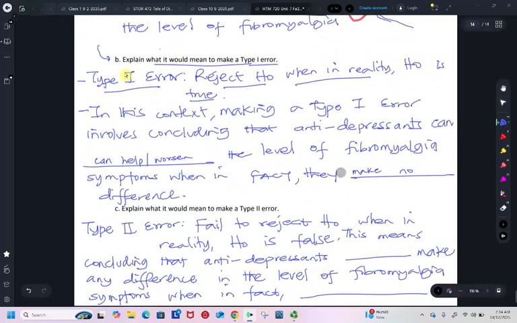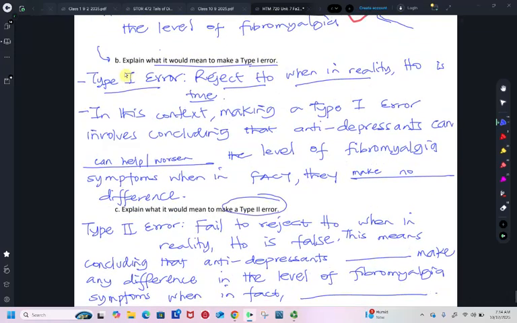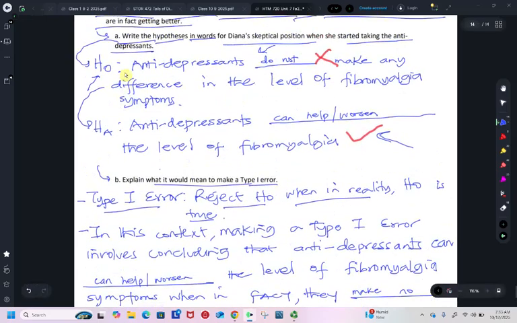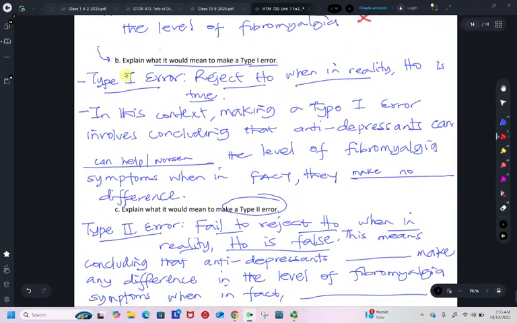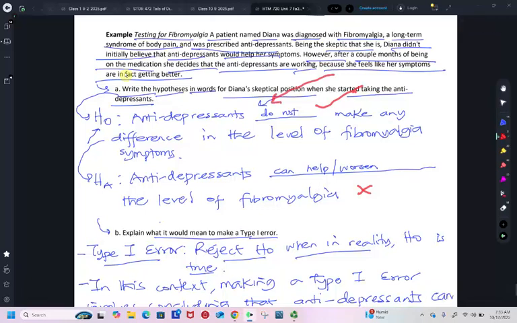All right. What would it mean to make type 2 error in this scenario? In general, the type 2 error arises when you fail to reject the null hypothesis when in reality the null hypothesis is false. So that means if we fail to reject the null hypothesis when in fact it is false, we're going to conclude on the null hypothesis when we really should not be doing that.